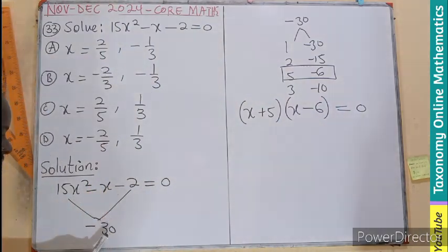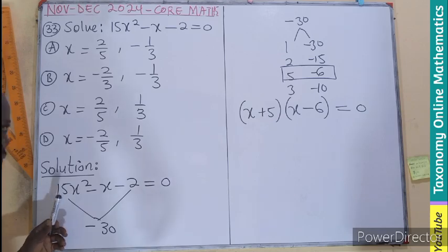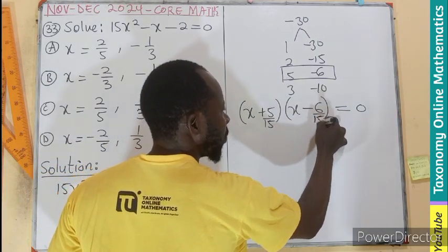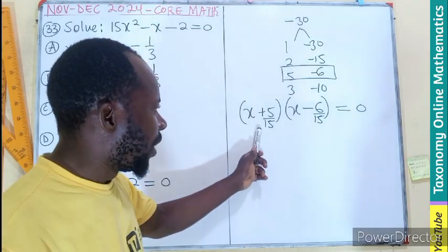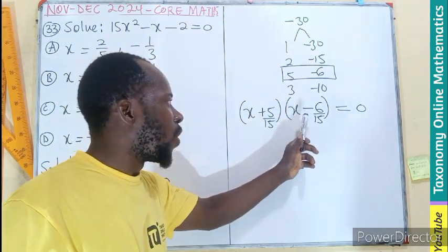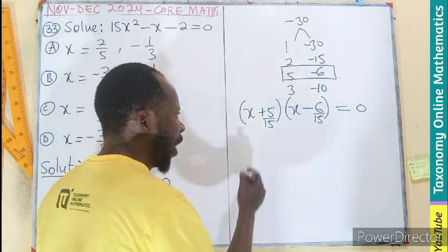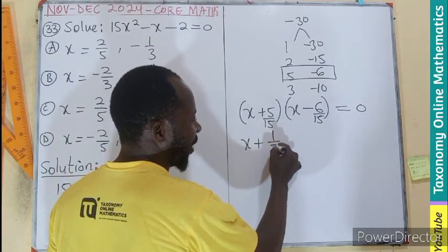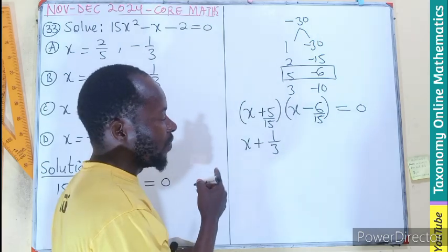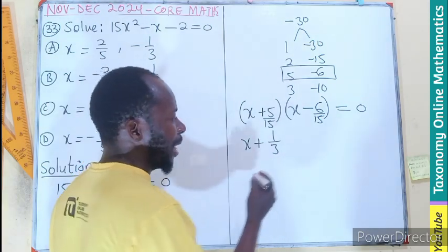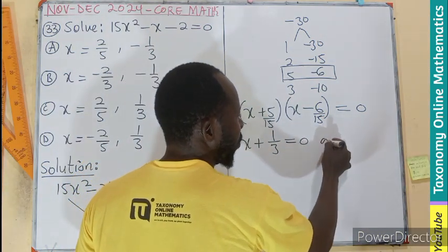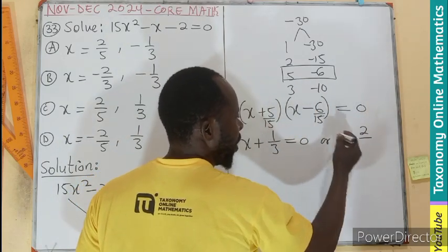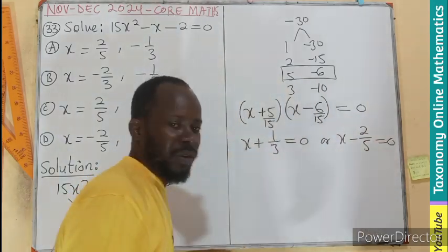But before we got the 30, we multiplied by 15, so we divide here by the 15. So that's all. So this bracket is either 0 or this bracket is what? Either 0. So I'll be having x plus, from here I can have 1 over 3, equals 0, or x minus 6 over 15 becomes 2 over 5, equals 0.